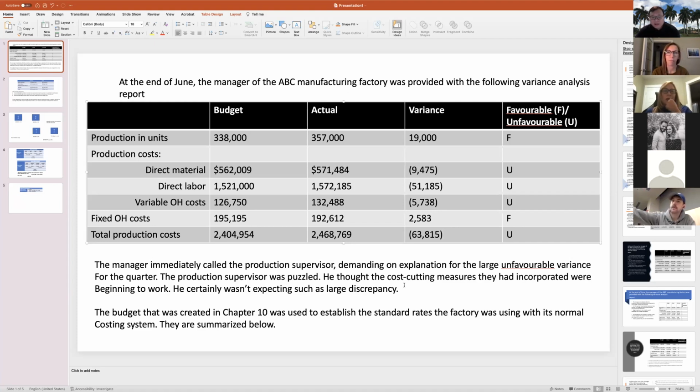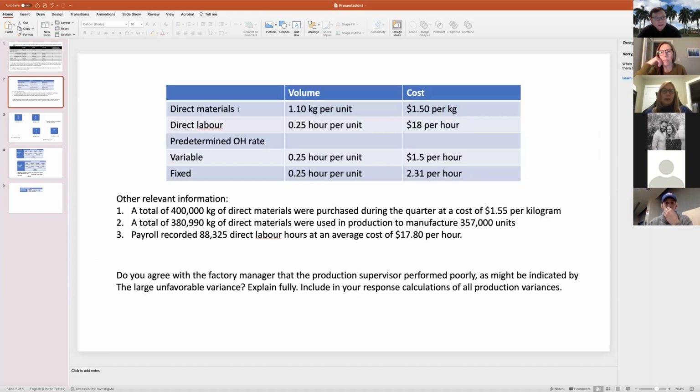The production supervisor was puzzled. He thought that the cost-cutting measures they had incorporated were beginning to work. He certainly wasn't expecting such a large discrepancy. So the budget that was created in chapter 10 was used to establish the standard rates. The factory was using its normal costing system. They are summarized here.